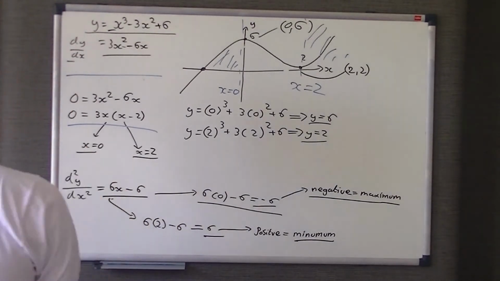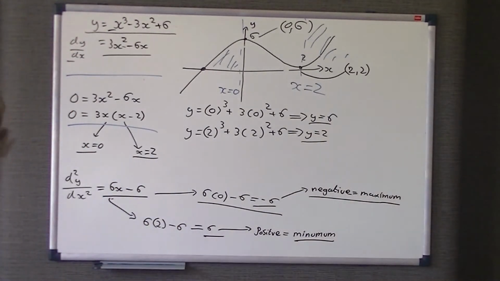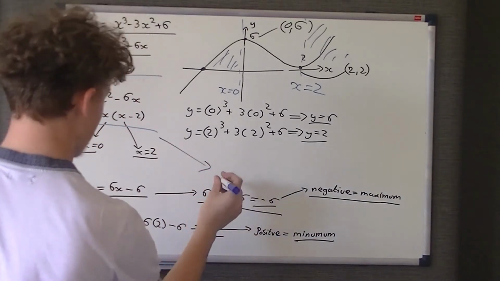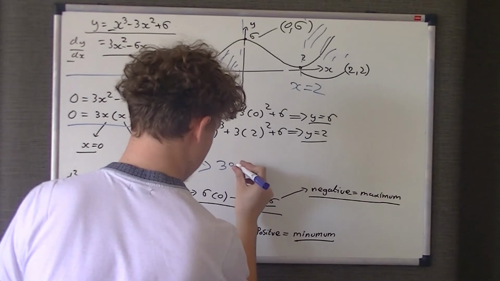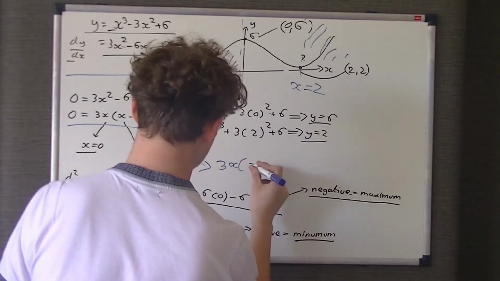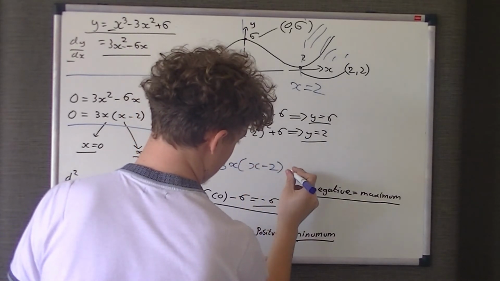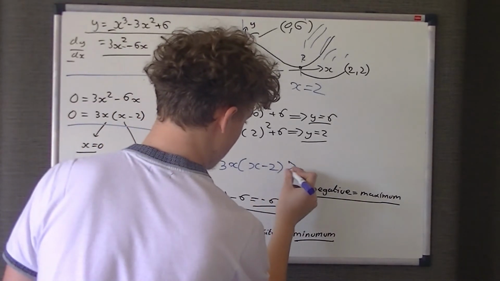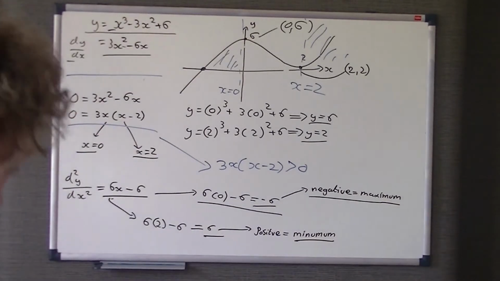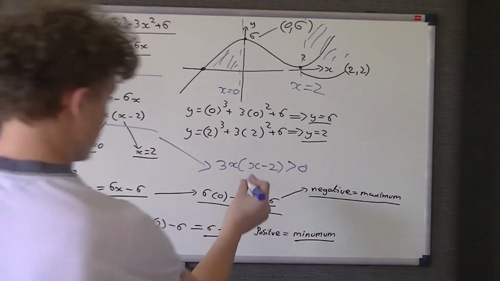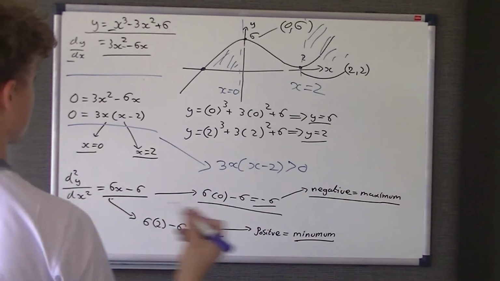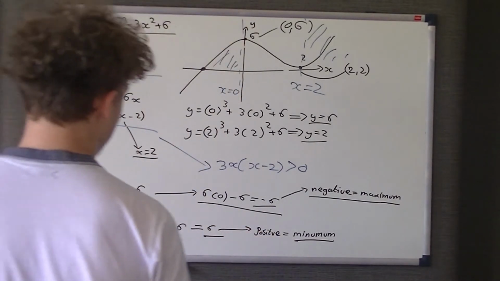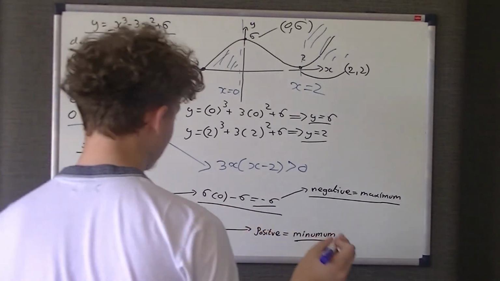So I'll rewrite this equation actually: 3x times x take 2 is greater than 0, and that is because this is the gradient function, and it's got to be larger than 0 if it's increasing. So it can't be getting smaller, of course.